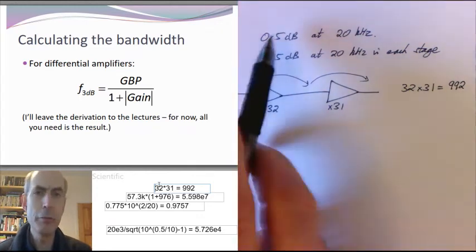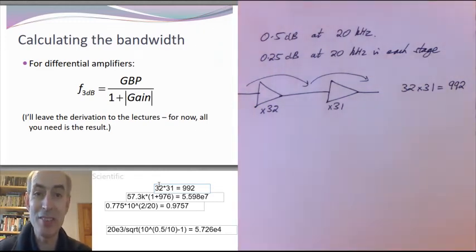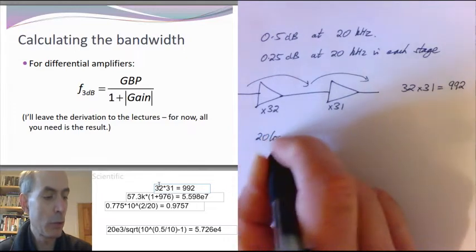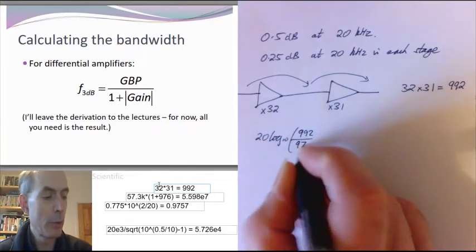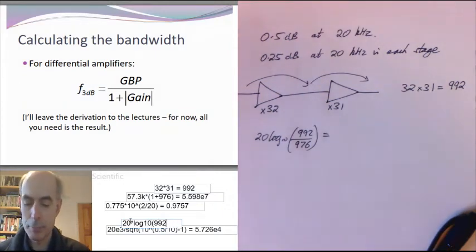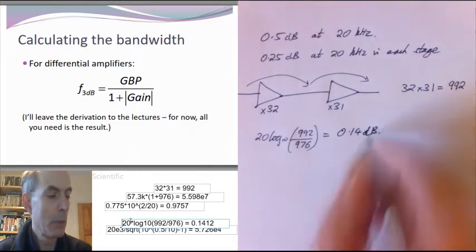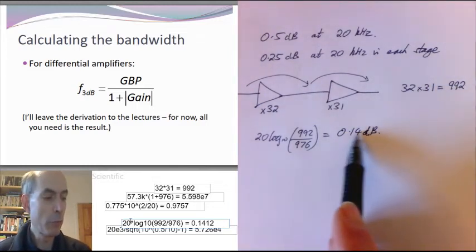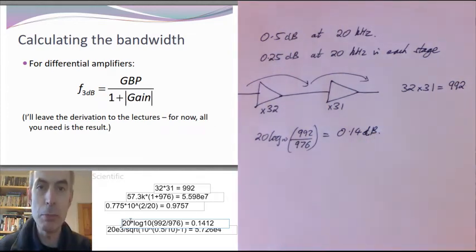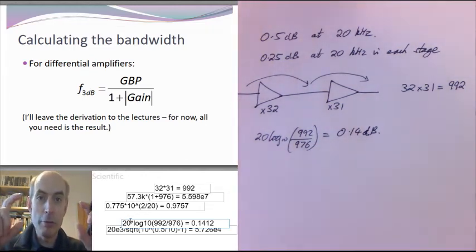We only have to be within 0.5 dB of our ideal gain, and 992 would be near enough to the 976 that we're ideally shooting for. The difference in dB would just be 20 log 10 of 992 over 976, which is 0.14 dB. That's fine. Means that over most of the frequency range, we're actually 0.14 dB above our target of plus 2 dBu. But that just means we can afford to drop a little bit more before we go out of the acceptable range of plus 0.5 to minus 0.5 away from our target.